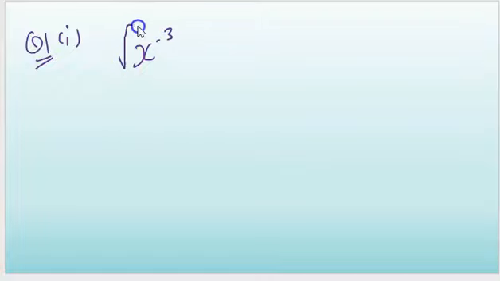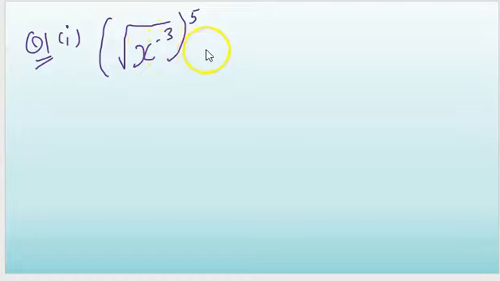So question number 1, the first part. It says x raised to the power minus 3, then this root and this bracket with power 5. First we will make this positive.